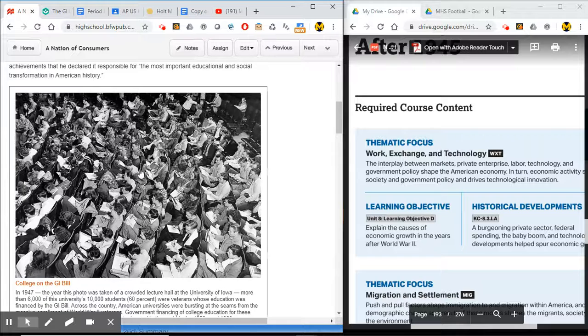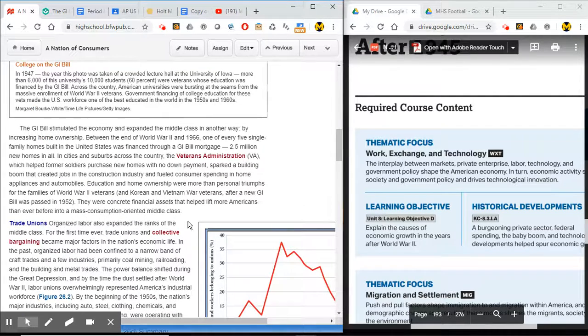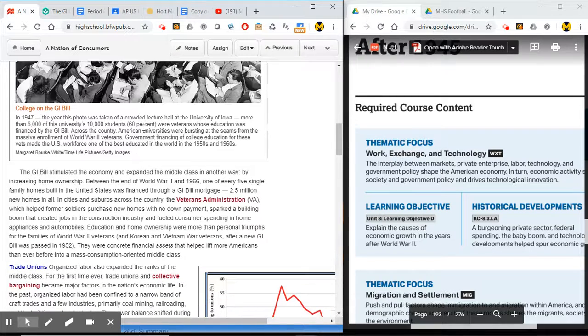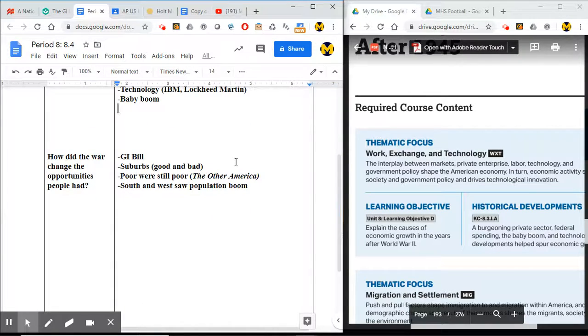So good picture there of a crowded hall. If you guys know anything about Southern Illinois University, right across town from us, they had a huge boom in the post-war years, and that's where a lot of the buildings on campus were put up to house the GI Bill attendees.